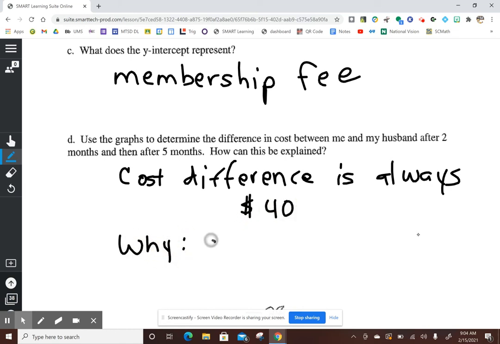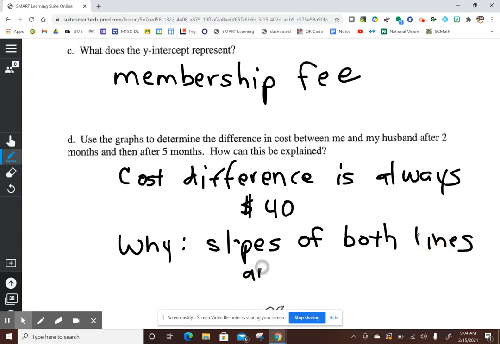It's because the slopes of both lines are the same. So since the slopes of both lines are the same, the cost difference will always be the same. Okay, so that's going to end this video, and we'll do another video for pages 29 and 30.